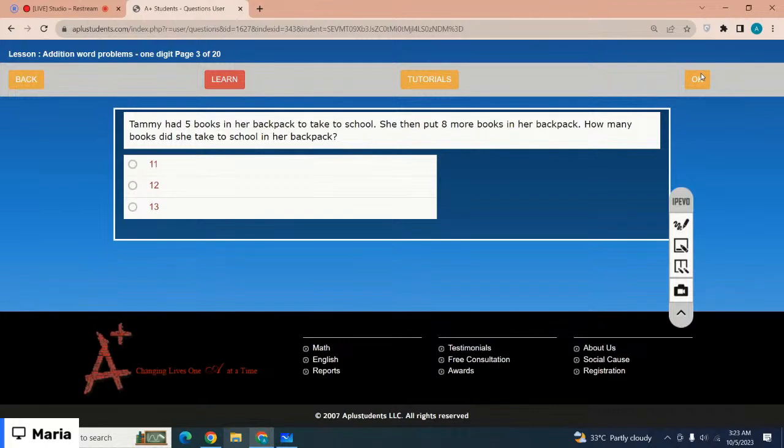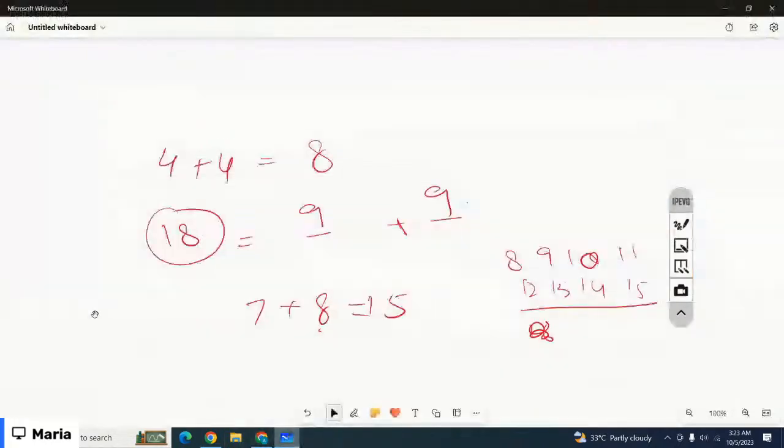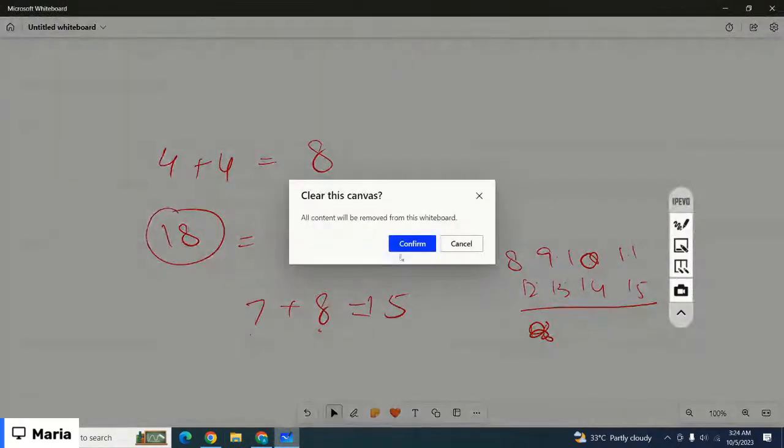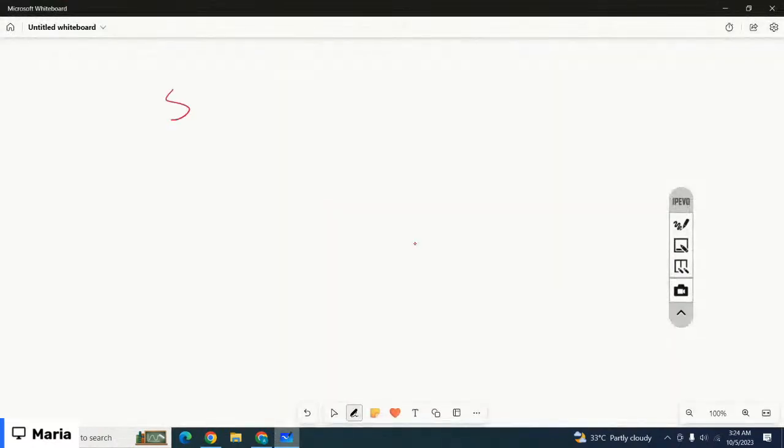Okay, Tammy had 5 books in her backpack to take to school. She then put 8 more books in her backpack. How many books did she take to school in her backpack? Earlier she had 5 books. Now she added 8 more, right? So you have to add 5 plus 8.